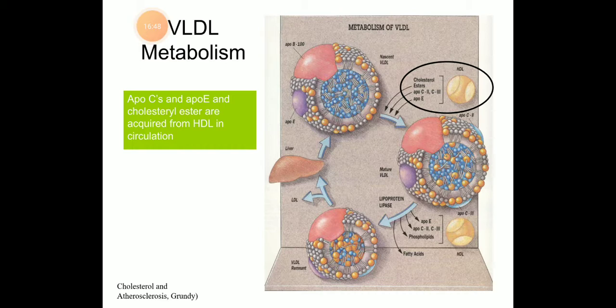These steps form the basis for endogenous pathway of transport of plasma lipids. Thus, as the triglyceride level decreases, there is a corresponding increase in the level of LDL, and often it is referred to as a beta shift, that is LDL is a beta lipoprotein.